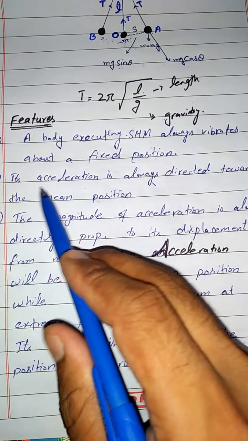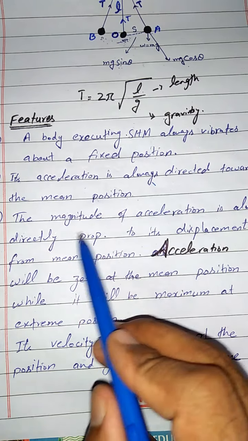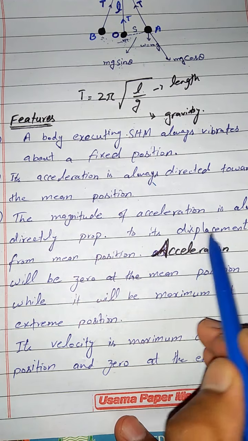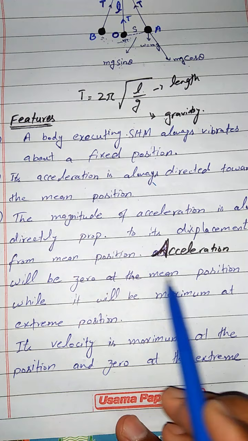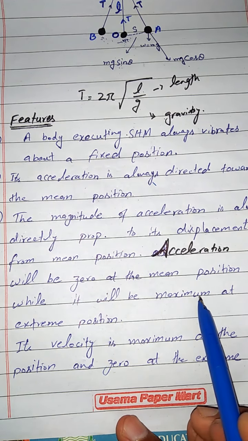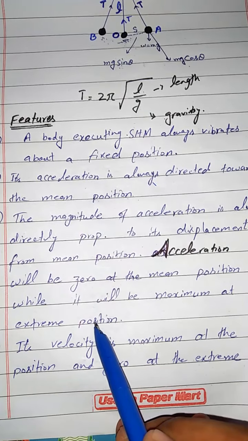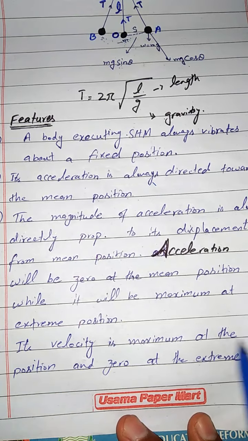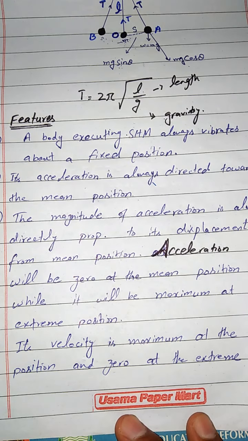The second one, its acceleration is always directed towards the mean position. The third one, the magnitude of the acceleration is always directly proportional to its displacement from the mean position. Acceleration will be zero at the mean position while it will be maximum at the extreme position. And the fourth one, the velocity is maximum at the mean position and zero at the extreme position.